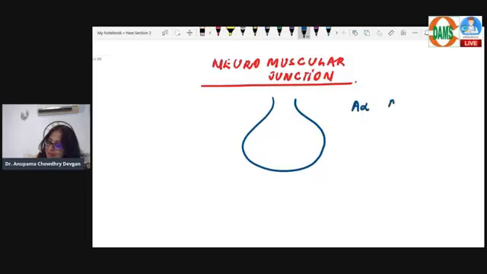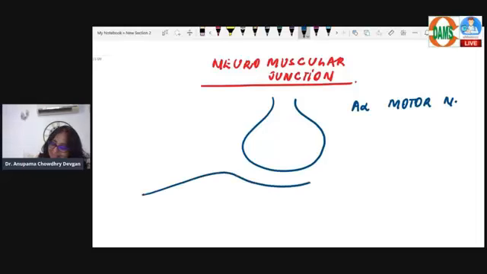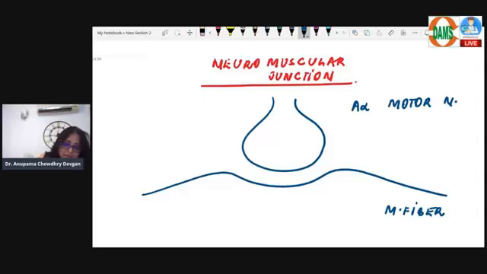The neuromuscular junction is between the A alpha motor neuron and the muscle fiber. Now please remember, muscle fiber is equal to the muscle cell.